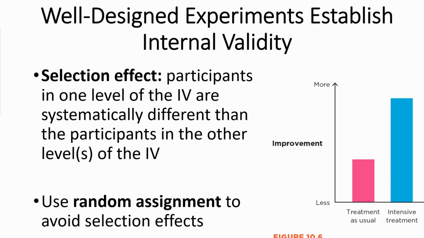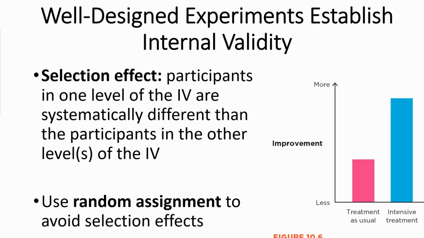Another way to say it: if your family has the time and the money to go to these more intensive treatment sessions, they might also have the extra time and money to devote more effort into helping these children at home. So there are extra confounding variables here that you can't really control for in this situation.